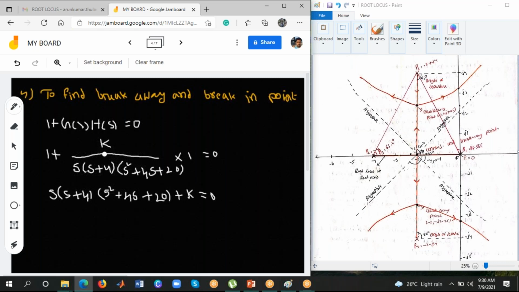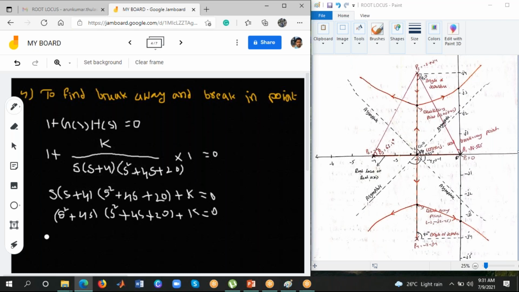We'll get (s square plus 4s) into (s square plus 4s plus 20) plus K equals 0.